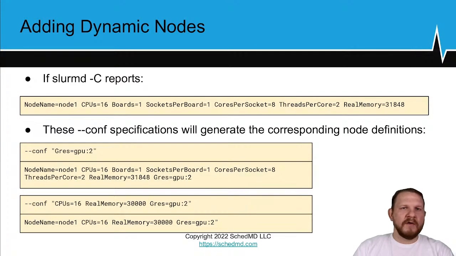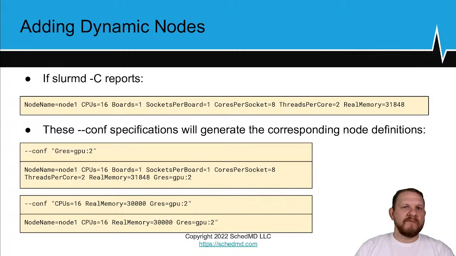So here's an example of how that looks. If I ran slurmd -C, this is my node information. I get my node name, CPUs 16, boards 1, cores per socket 8, real memory, etc. If I start the slurmd with a -Z and do the conf line and just do Gres=gpu:2, this is not the CPU memory topology, so it's going to add this to my node configuration.